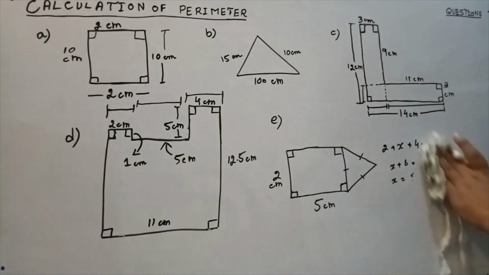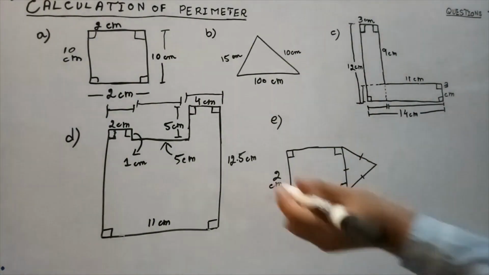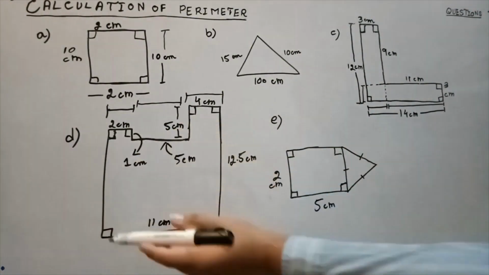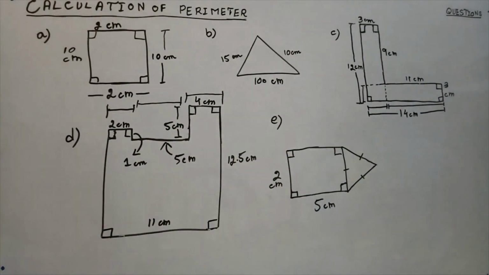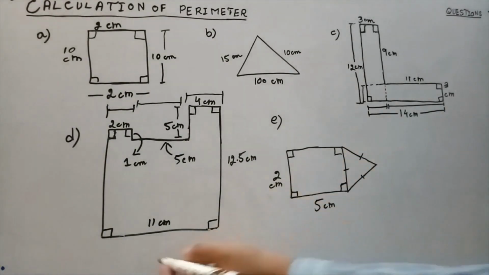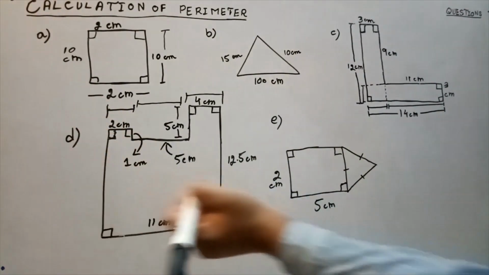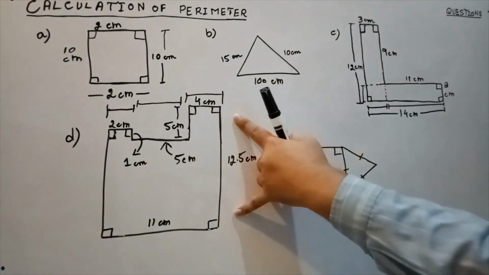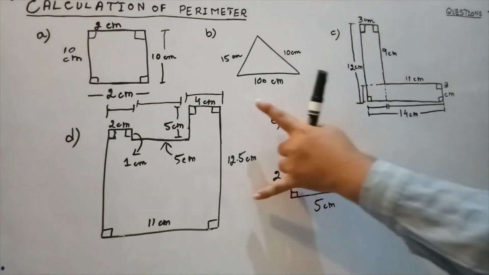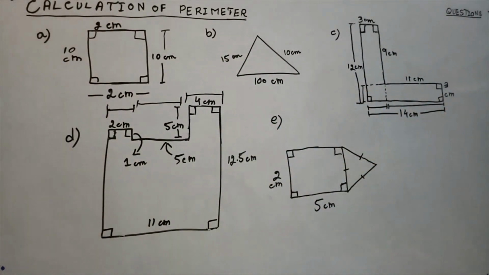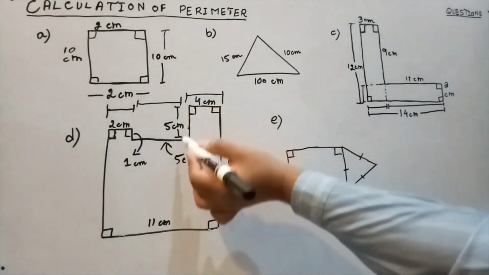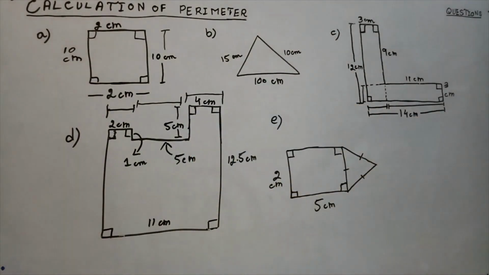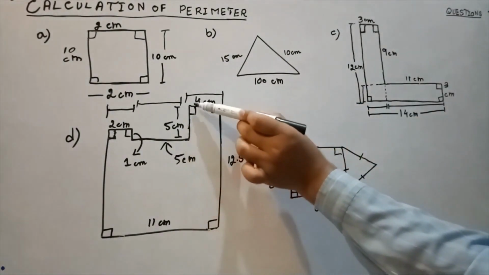Okay, got it. Now we have to find this length. First of all, let's see that this length is known to us, which is 12.5 centimeters. And this length is also known to us, which is 5 centimeters from here to here.